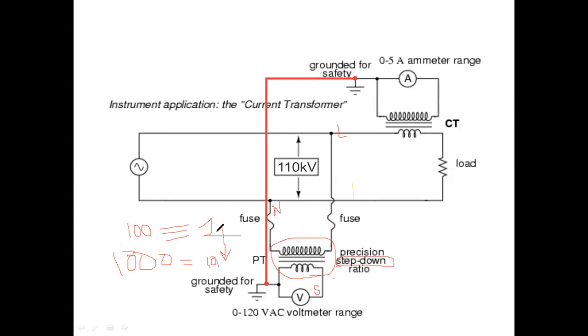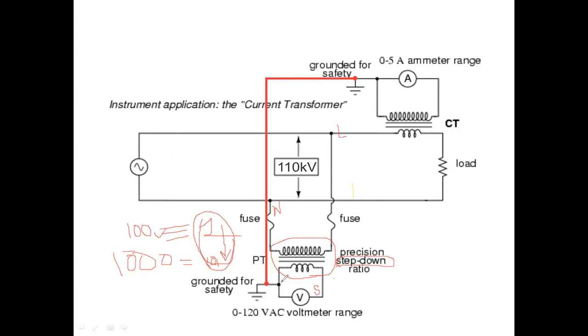So 1 to 10 volt is the measurable range of your analog measurement, and it is also easily measurable by your digital meter. So if we measure 1 volt, then actually in the primary side it is 100 volt. If we measure 10 volt, then it is always 1000 volt, because the step down ratio is 100:1, or it may vary as required.